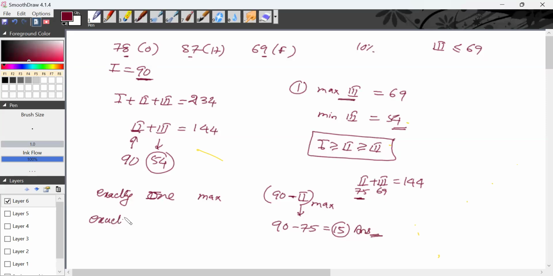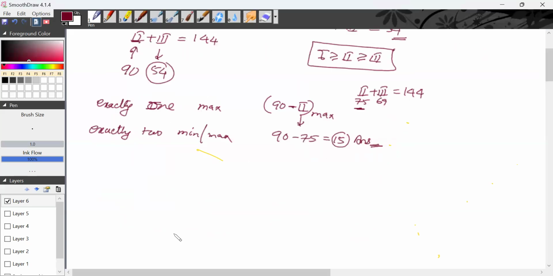ठीक है, चलो एग्जैक्टली 2 का बनाओ, सिंपल दोनों निकालो, मिनिमम भी और मैक्सिमम भी. हाँ जी, exactly 2 को मिनिमम करना है.